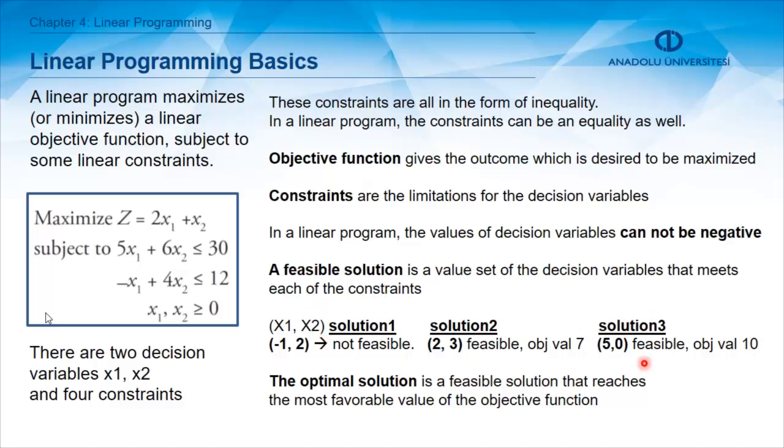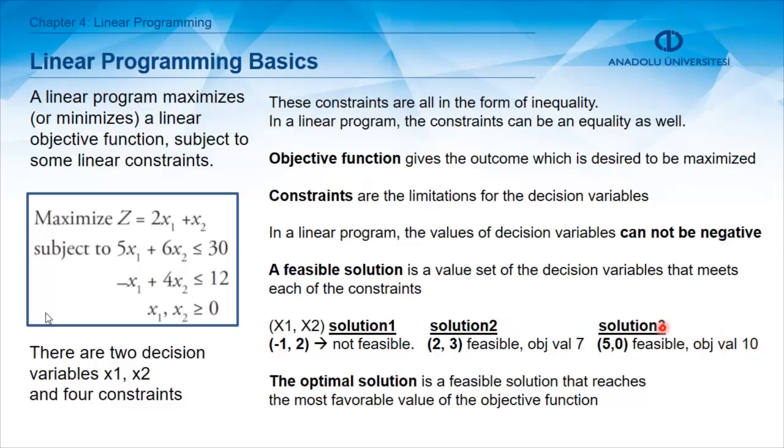When we look at these three, the first one is not considered. This is ignored as it's not feasible. Solution 3 and solution 2 are feasible solutions that can be applied for the decision problem. These are possible alternatives that can be applied. And the outcomes of solution 2 will be 7, and for solution 3 it will be 10.